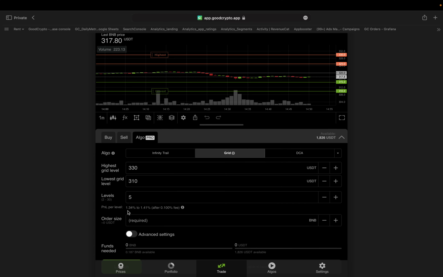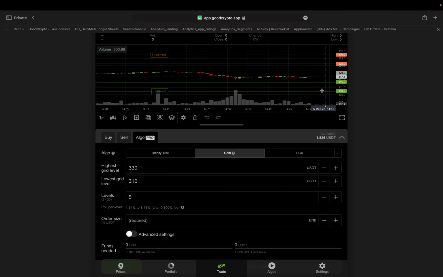Now let's talk about why there is a range here, why it's not a single number, but rather 1.34 to 1.41.